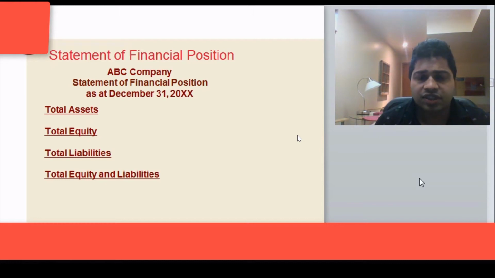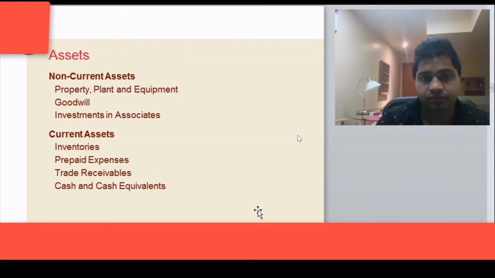So generally a balance sheet has total assets. Assets are again divided into current assets and non-current assets. Then it has total equity, total liabilities, and the addition of equity and liability, that is the right hand side, total equity and liabilities.